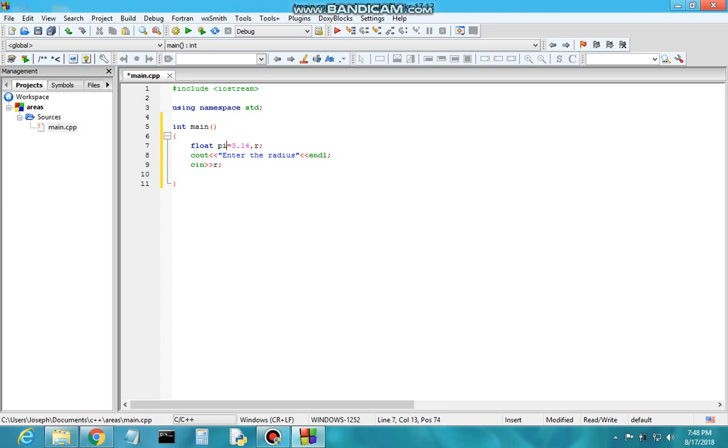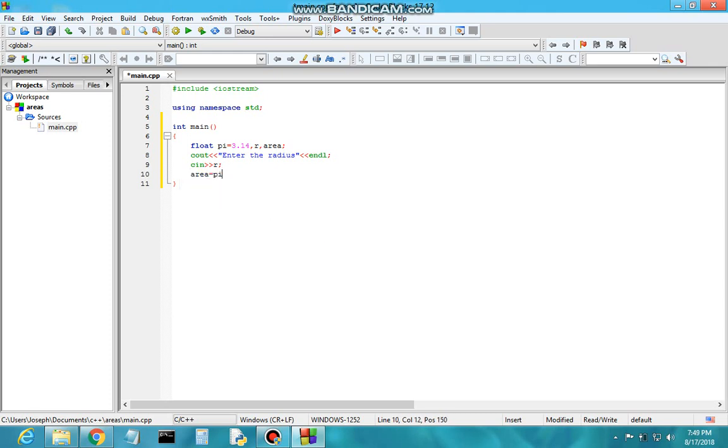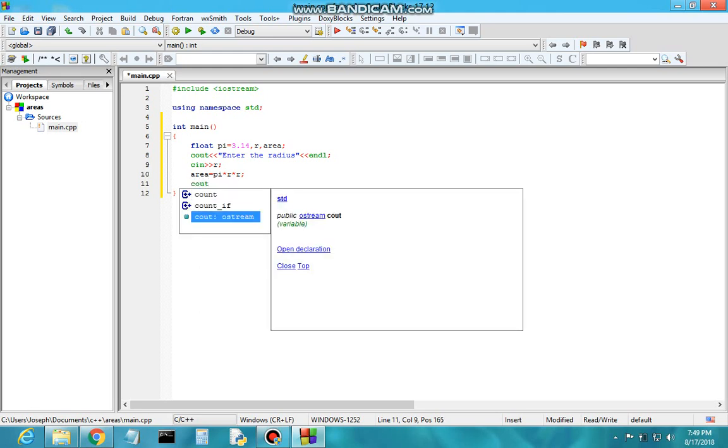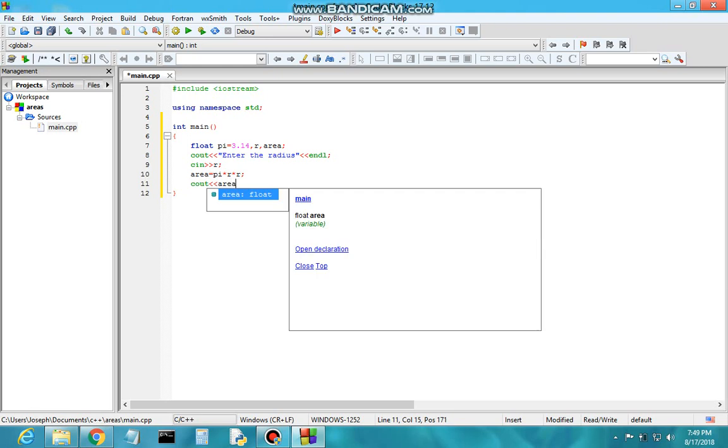For the area, type area. Now area is equal to pi. The formula is actually pi r square. So let's type pi into r into r. Now cout area.